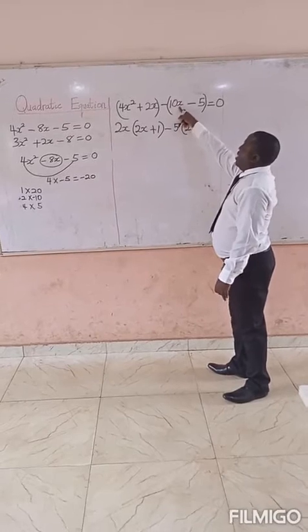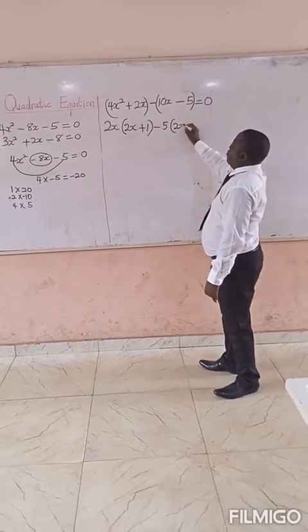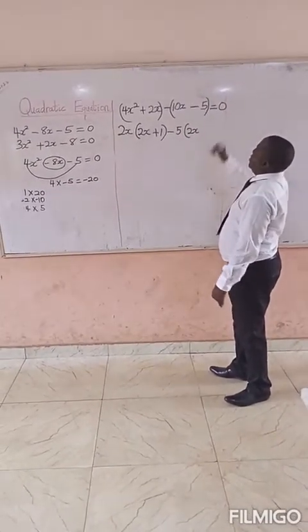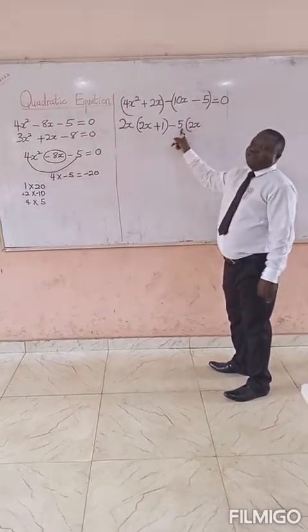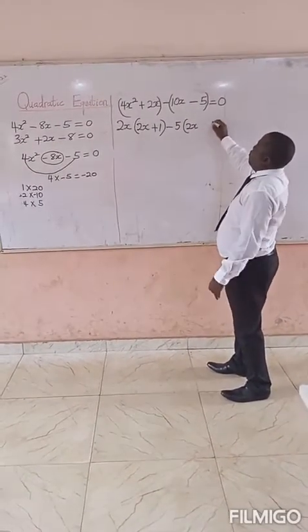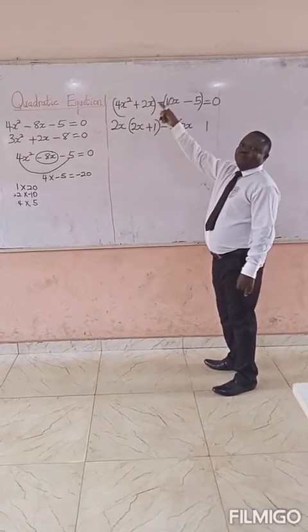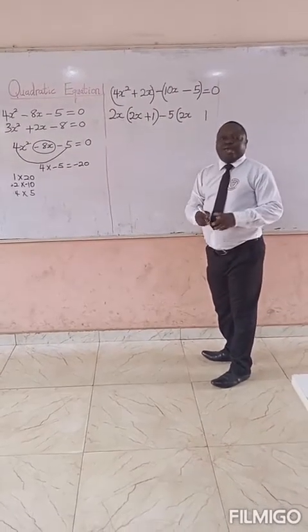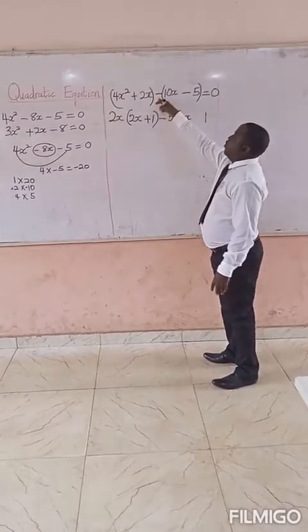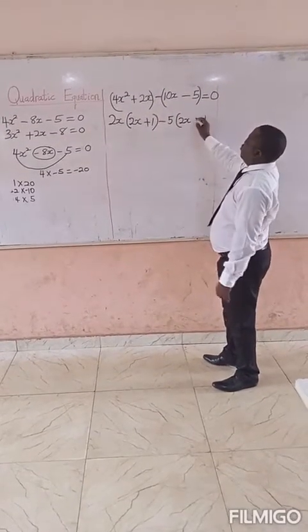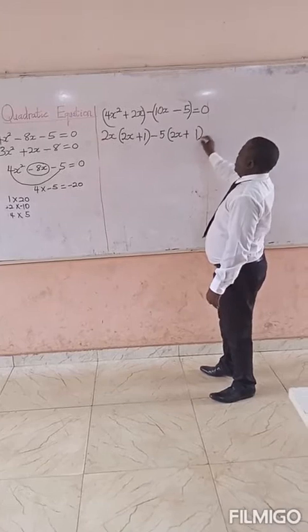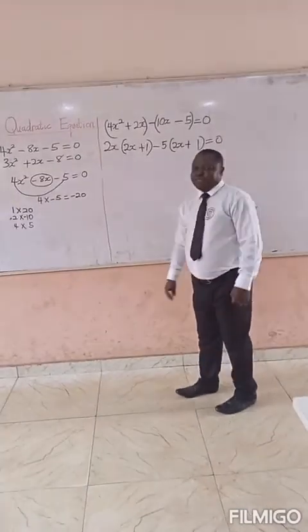Then we have x together with 10 here, so we include it here. Then if 5 divides 5, we'll be left with 1. Then if you look at these two signs, we have to use the 2 to multiply each other. So minus times minus is equal to plus, and everything is equal to 0.